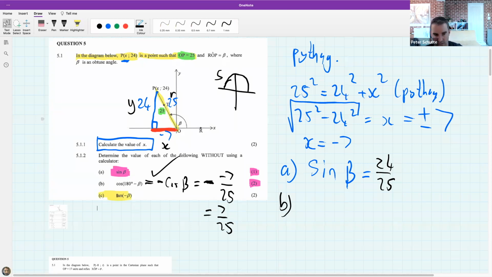Find me the value of the tan of minus beta. And I'm not going to give you any hints this time.